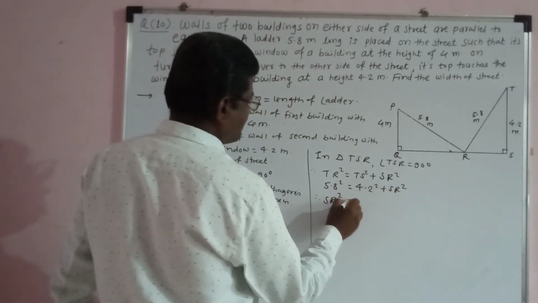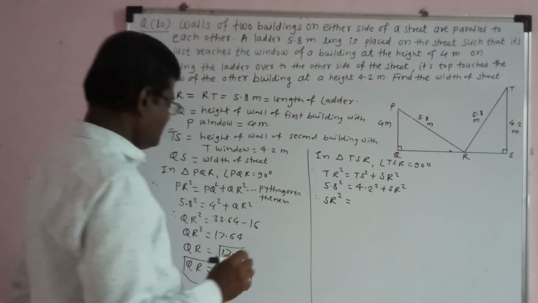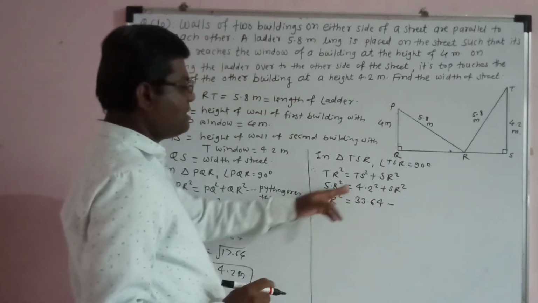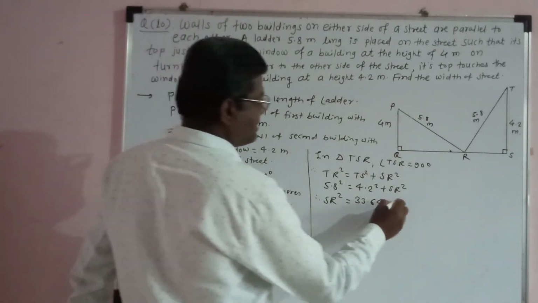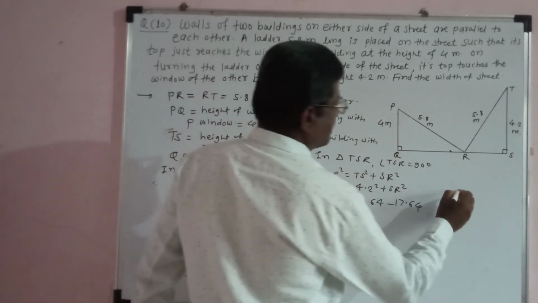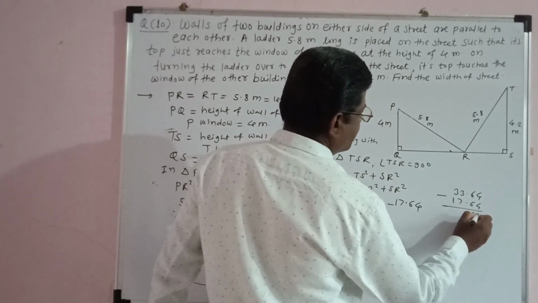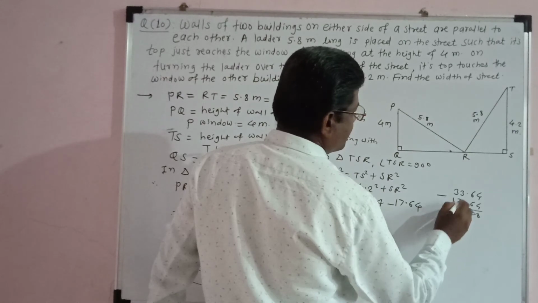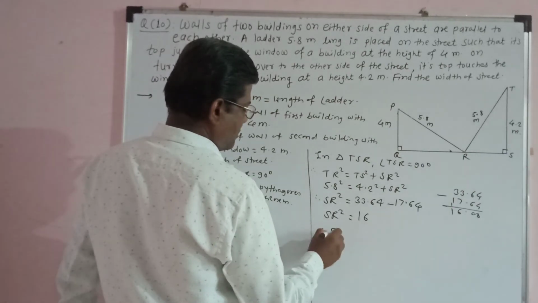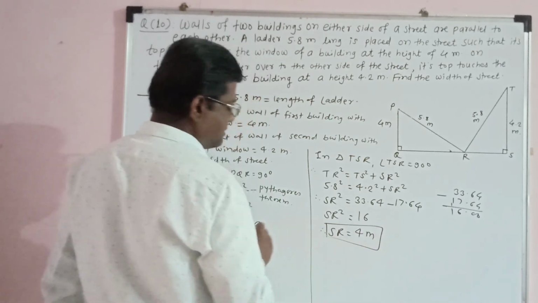Therefore SR square is equal to 5.8 square, here 33.64, minus 4.2 square is 17.64. So SR square is equal to 33.64 minus 17.64, that is 16. Therefore SR is equal to 4 meter. Square root of 16 is 4 meter.